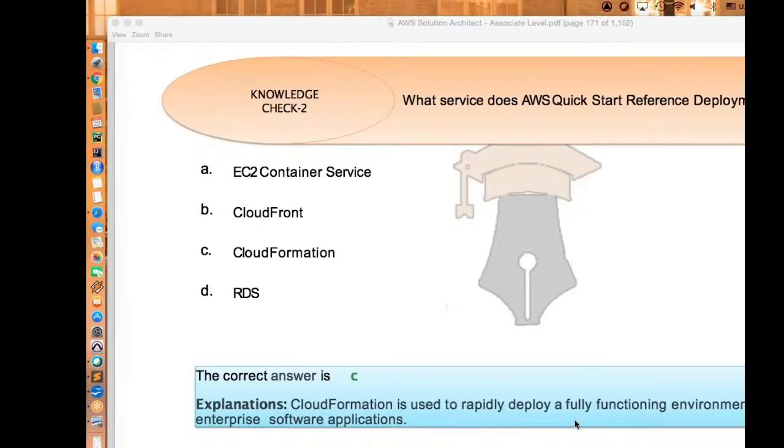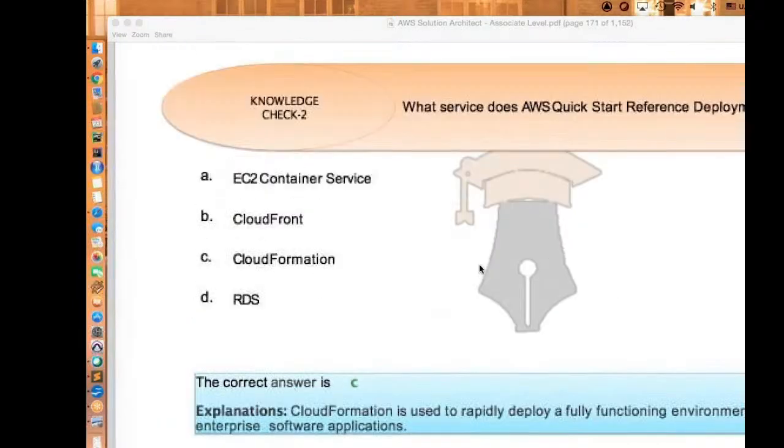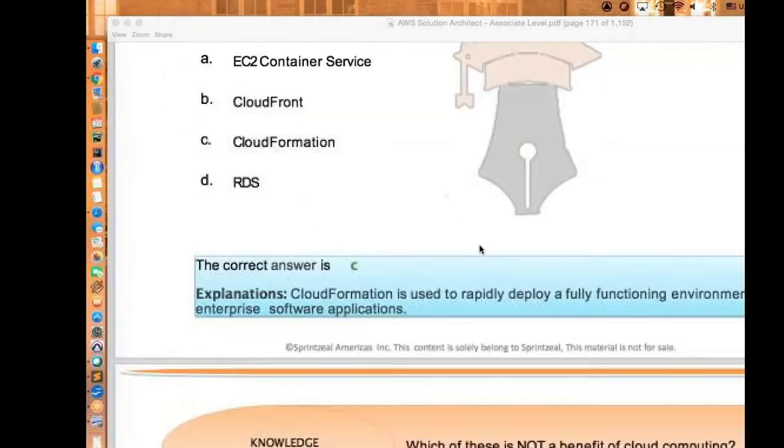CloudFormation is used to rapidly deploy fully functional environments for a variety of enterprise software applications. So for deployment purposes, we would be using the CloudFormation service from AWS. Okay, for deployment purposes, CloudFormation.